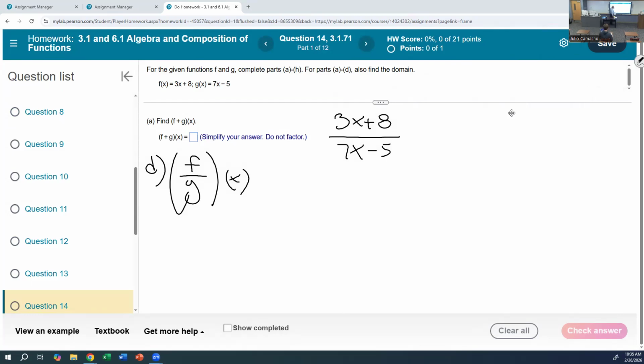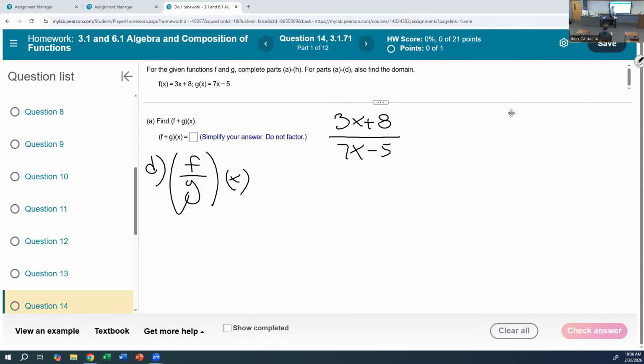Is there any way to simplify that? They're asking you to simplify, not to factor or to find the zeros. There is nothing else we can do there because 3 and 7 are prime numbers, and also 5. So if we stop there, that will be the answer. There's no way to simplify that.